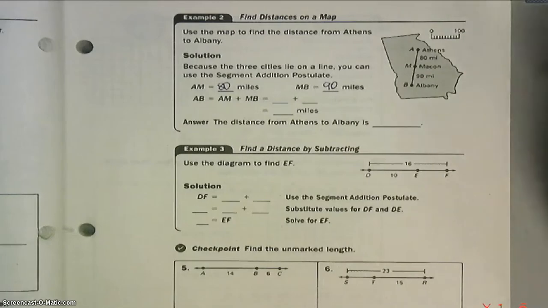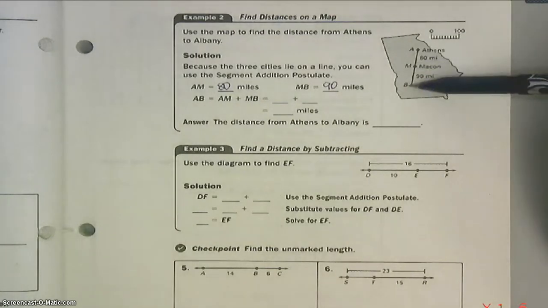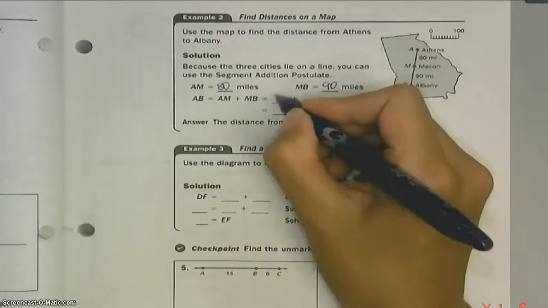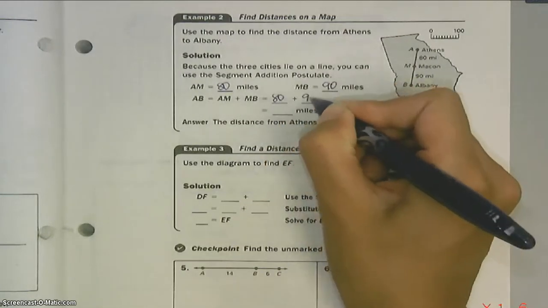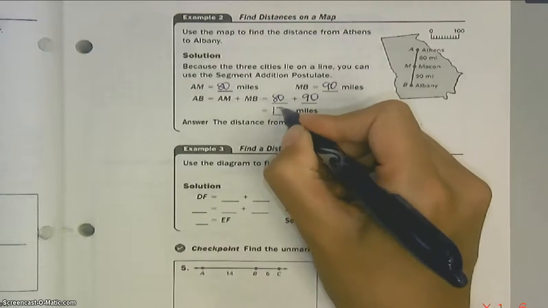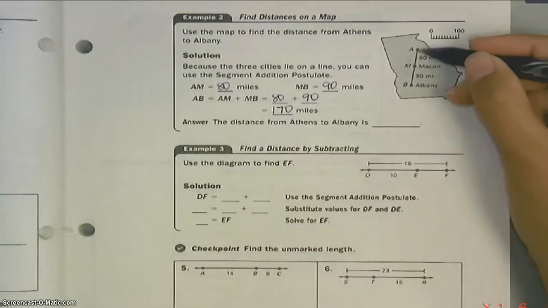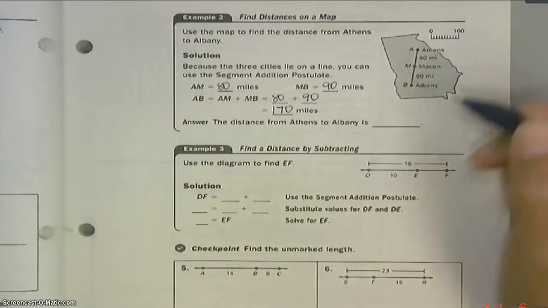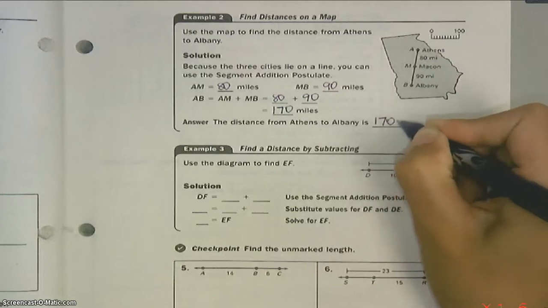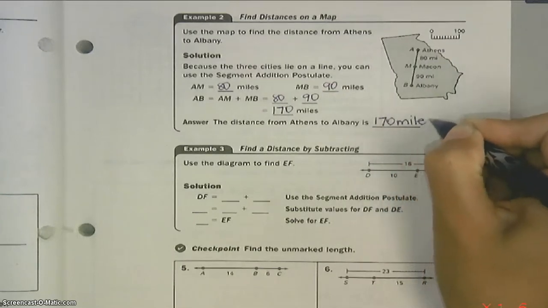So how far have we traveled? Well, our segment addition says we can add the two little pieces together to get the whole segment. So 80 plus 90 is 170 miles total. So all the way from A to B is 170 miles.